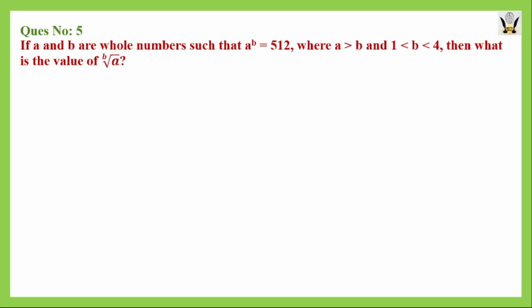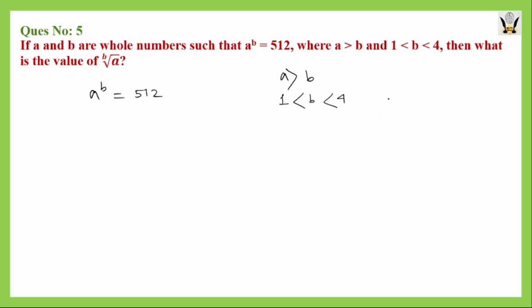Now the next sum. If a and b are whole numbers such that a to the power b is equal to 512. Also some more conditions are given: a is greater than b, and b lies between 1 and 4, so it's greater than 1 and less than 4.